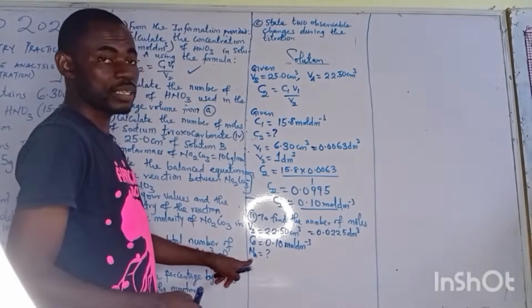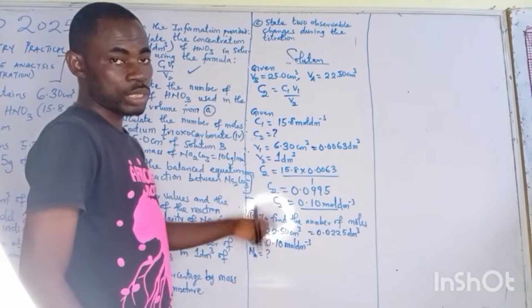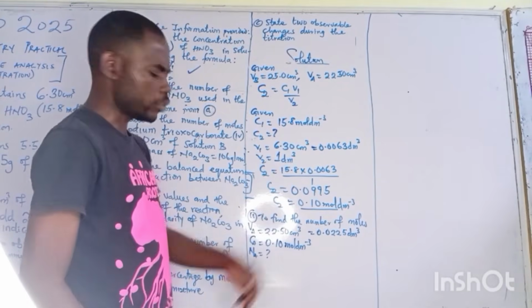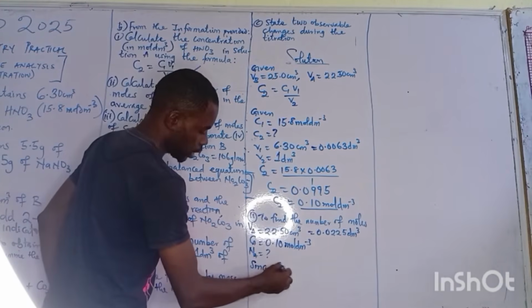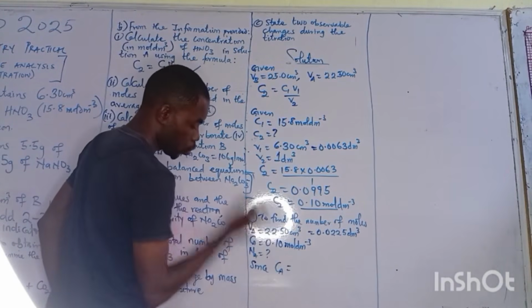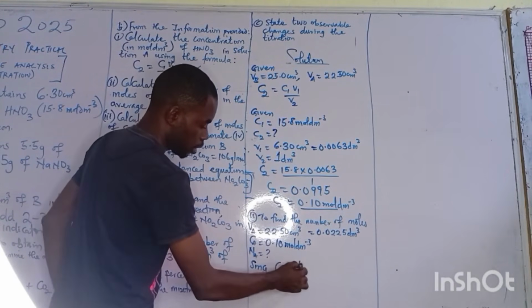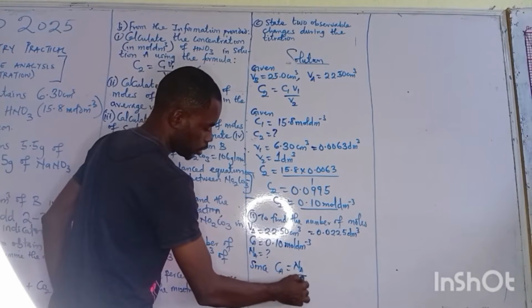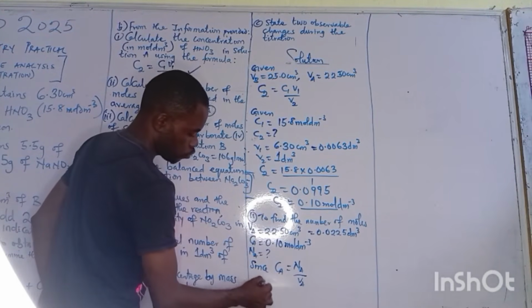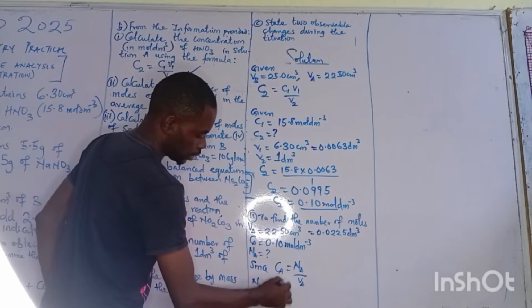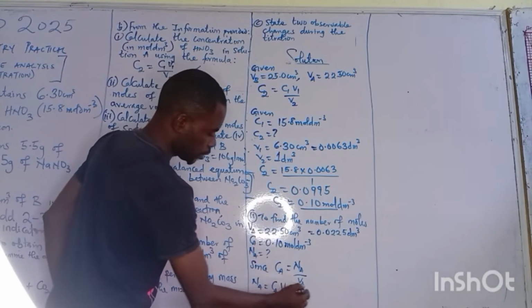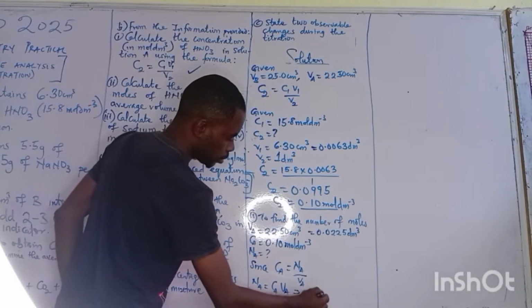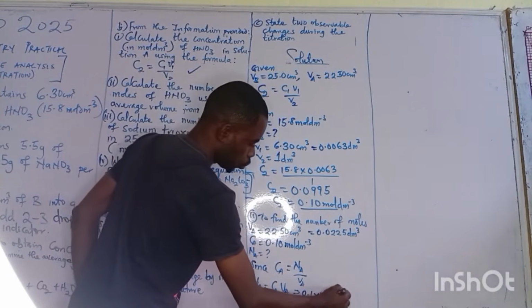That formula says molar concentration is equal to the number of moles over volume. So since molar concentration is the mole over volume, definitely the number of moles will be Ca times Va. What is my Ca? 0.1 times 0.025.